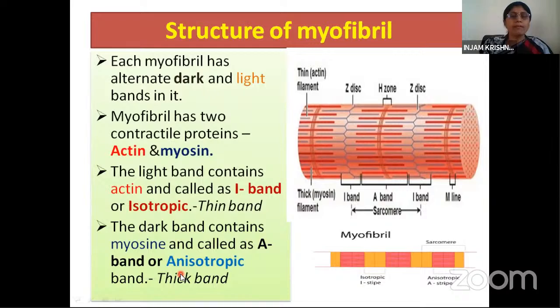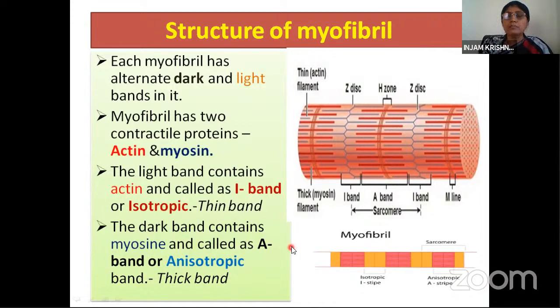Isotropic, I explained. What is anisotropic? Anisotropic means it exhibits properties in different ways in different directions. That is called anisotropic.